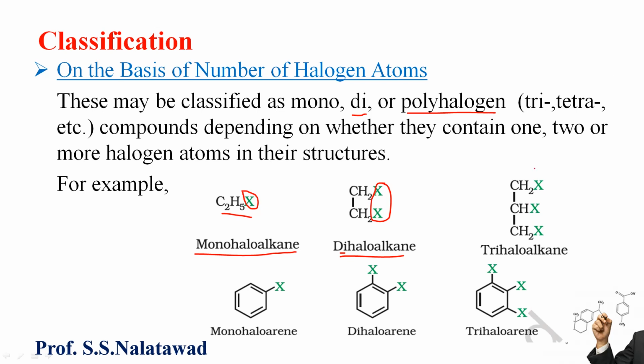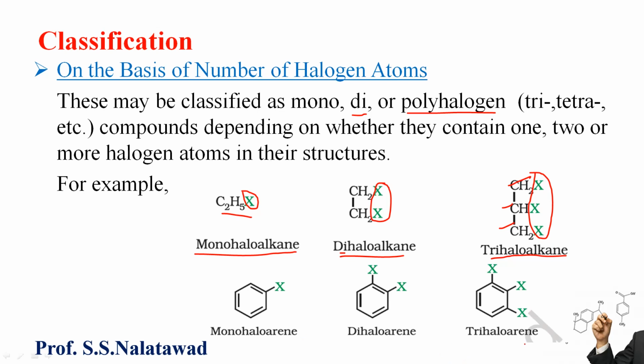Here you can see three halogen atoms are attached to the alkyl group. So we call it trihaloalkane.